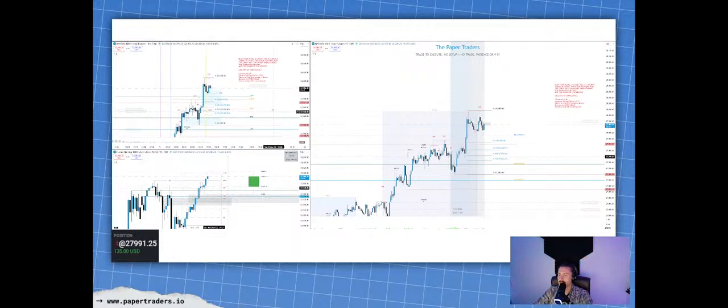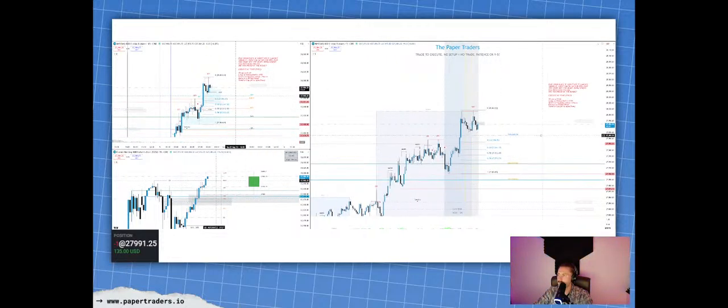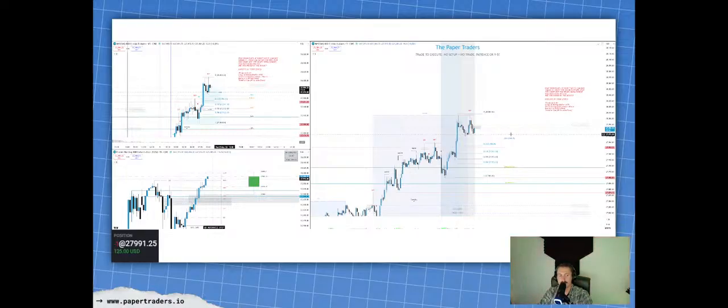Now we'll continue to watch this and see what price wants to do. So we got a decent little run on that downside there. They might want to come back into that new 15. We got 4 more minutes until they open up the stock market.